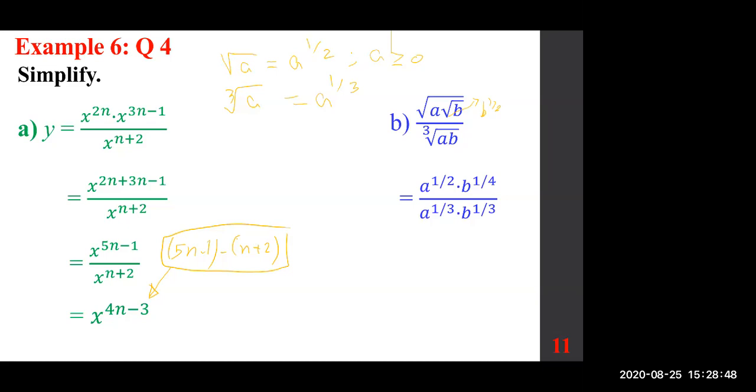Just to, if we have this, that's the essence, okay? It's really the same as the 4th root of b. Why is that? When we don't write the index, remember the index when we don't write is 2.